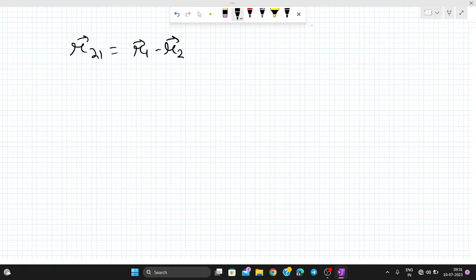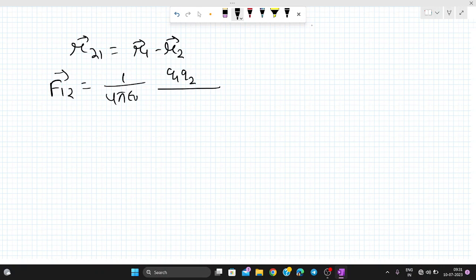So F12, how will I show it? 1 by 4 pi epsilon naught q1 q2 divided by r. Remember the expression we derived a few minutes ago, that is r12.